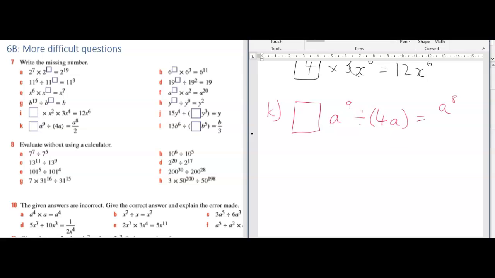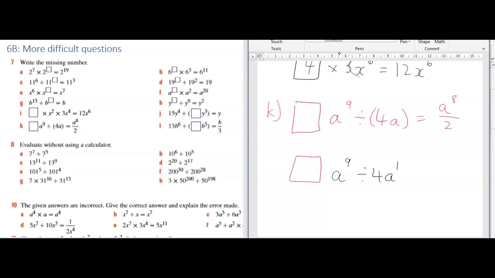Okay, A8 over 2. Okay, so just like we did before, let's deal with this first. So this number here, it looks like it's going to be a coefficient. So I didn't change to black. Let's change to black. So we've got the a to the power of 9 divided by 4a.